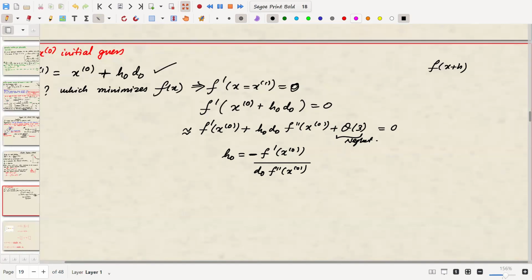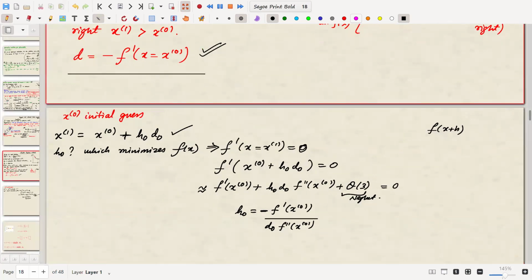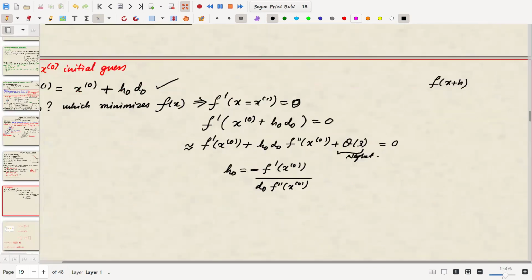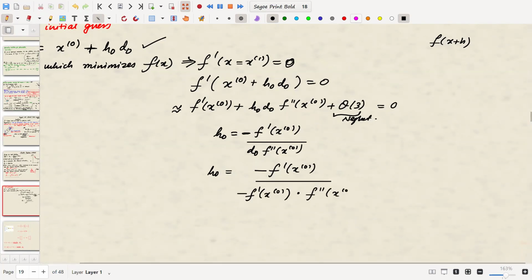Okay, agreed so far. But d naught was something, right? You told me that d naught is minus of f prime. So can we simplify it more? Minus f prime at x0 divided by d naught, which is again minus of f prime at x0, multiplied by f double prime at x0. So these are cancelling out, and you just get 1 by f double prime at x0.